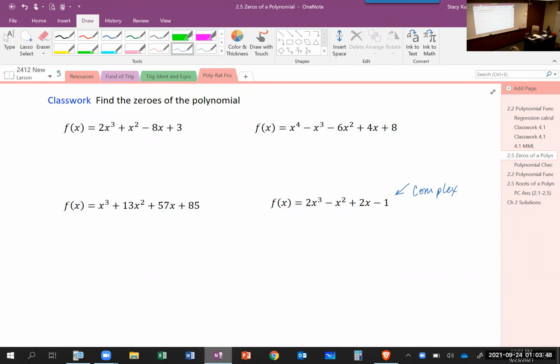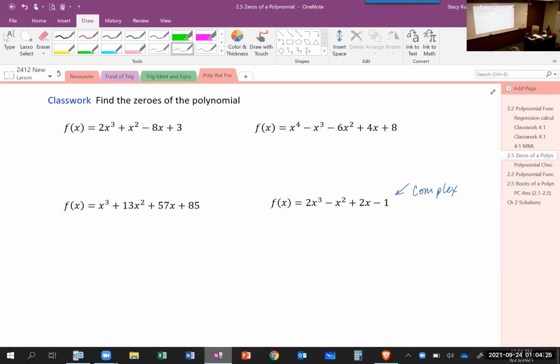But make your list. What do you got? So I've got P is 1 and 3, right? Yes, P is 1 and 3. And what are the factors of Q? Factors of Q are 1 and 2. So P over Q is going to be 1 over 1, 1 over 2, and then 3 over 1, and 3 over 2.